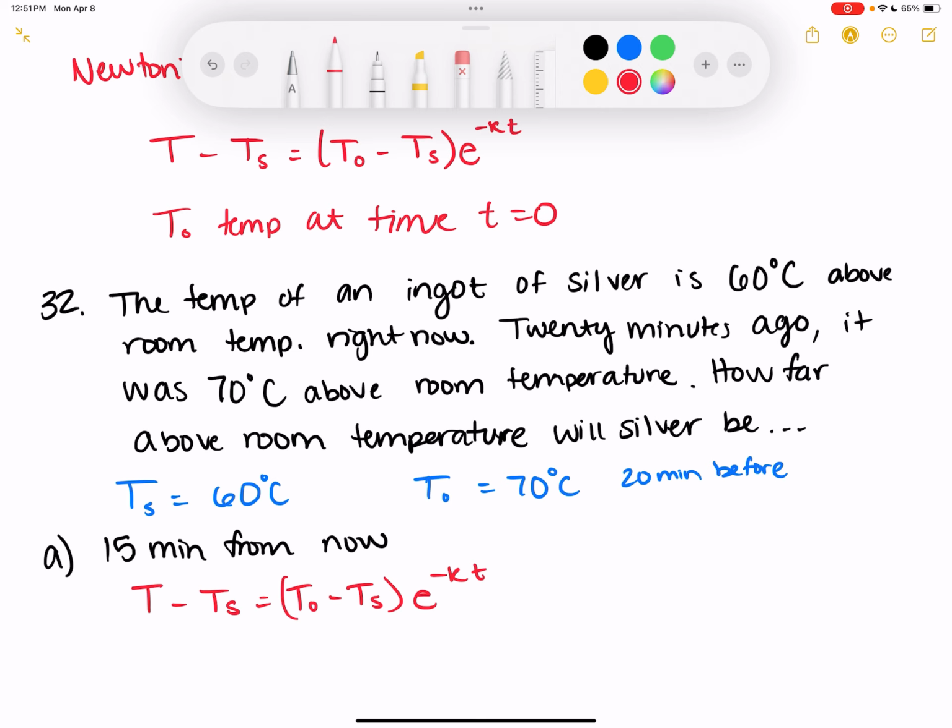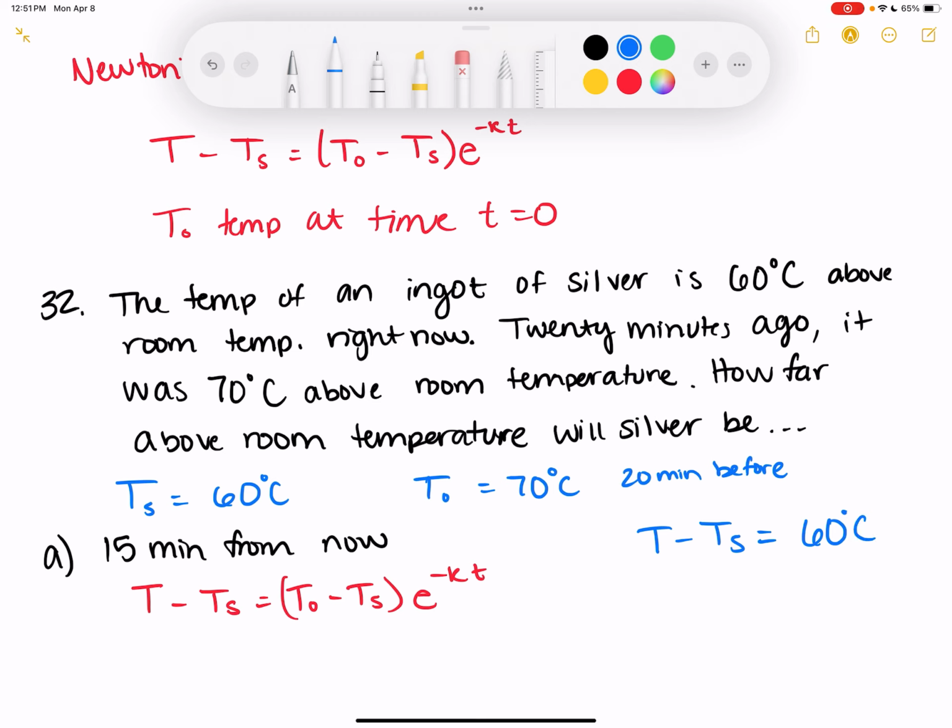So I know that T minus T sub S is equal to 60, because that's what the temperature is right now at this present moment.